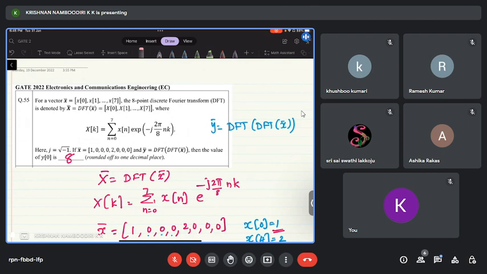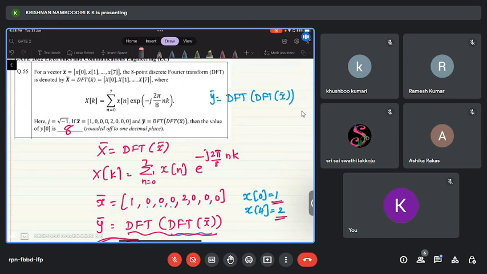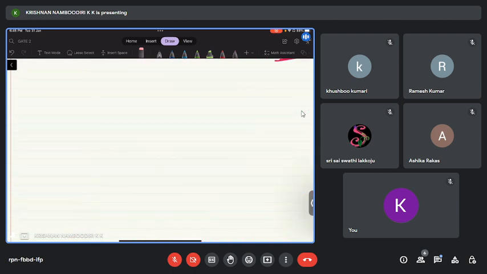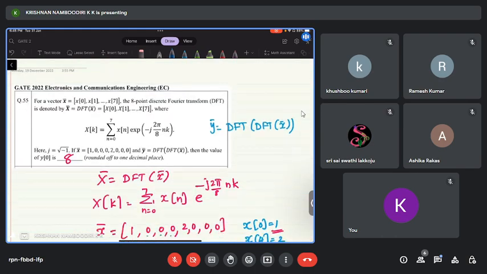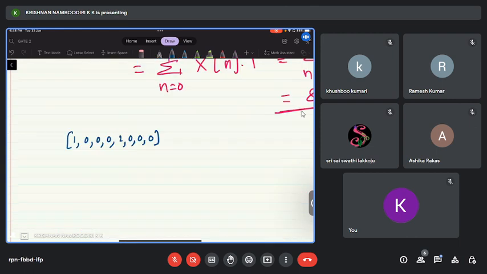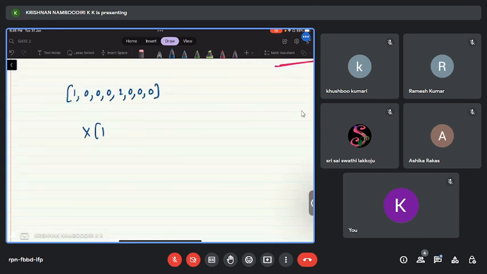Anyway, I'm not going through the solution; we will solve it very quickly. So the vector given is nothing but 1 0 0 0 2 0 0 0. Correct? So X of k is given as the summation over n equal to 0 to 7 of x of n e power minus j 2 pi n k divided by 8.